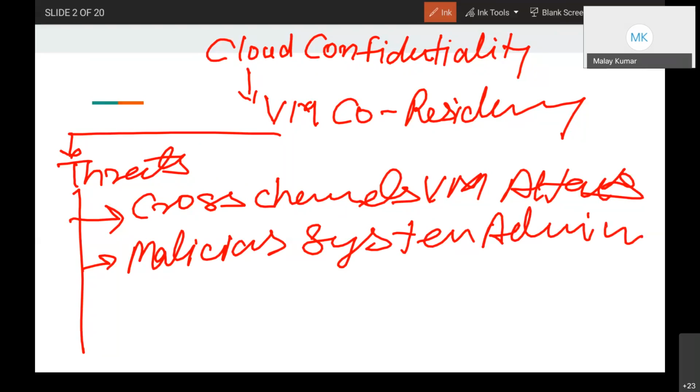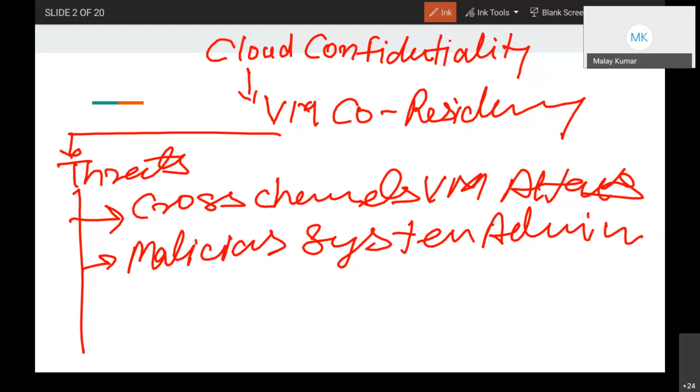After that we also discussed multiple defense strategies, which include placement prevention, so that when multiple VMs are launched simultaneously, they launch on isolated physical machines, or physical machines that are distant apart, so that cross-channel VM attacks are not possible. Another defense strategy was no hypervisor.